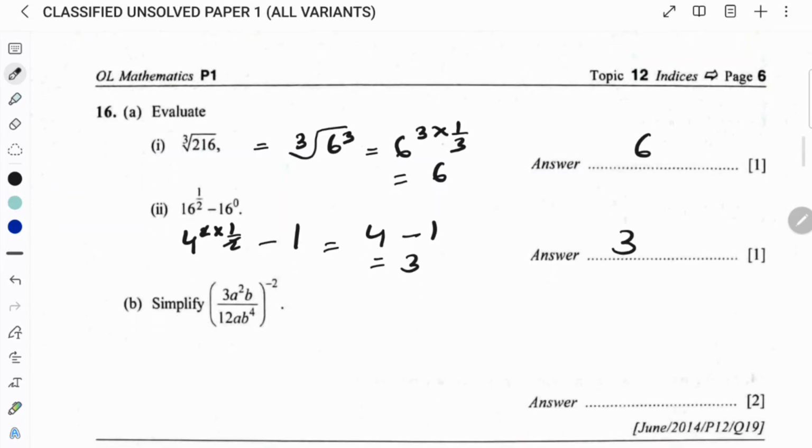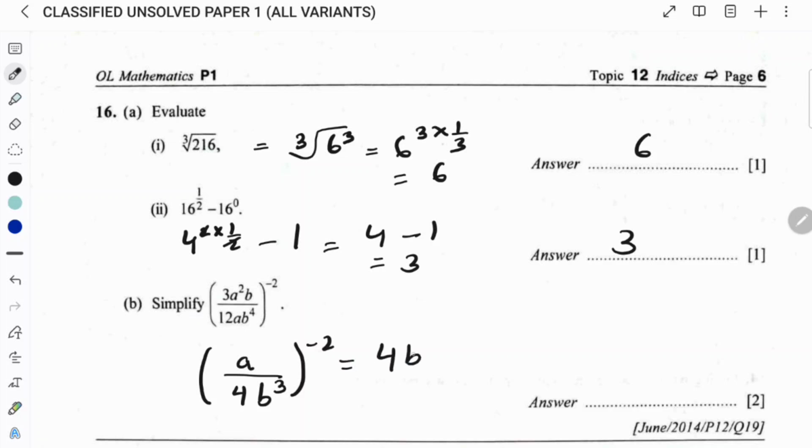Okay, the next one, simplify. 3 times 4 is 12. First simplify the numerator and denominator. A and b cube will be left, because power 1 and 4 is there. So that is minus 2 power. Just write down minus 2 power. Reciprocate the numerator and denominator.